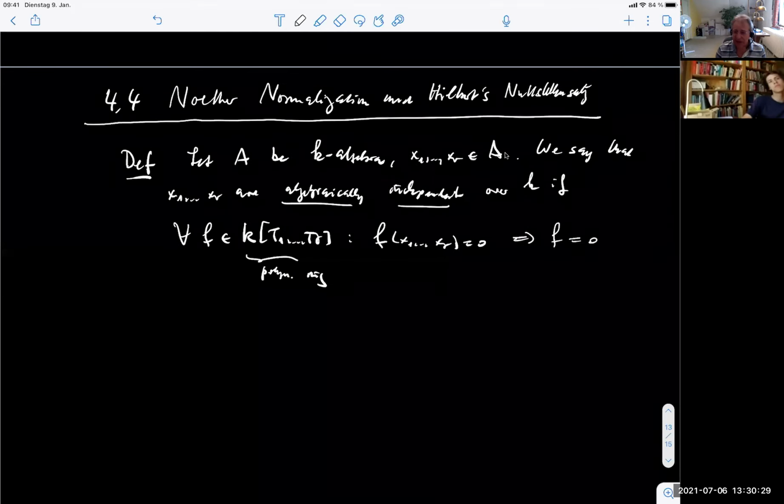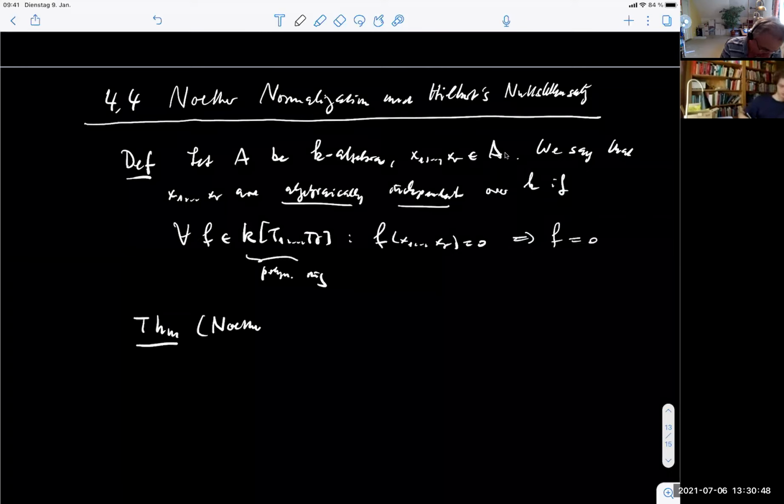Can I go a little bit further, because we started 5 minutes late and I had my problem finding my pencil. It's hopefully okay. So what is the Noether normalization lemma? I can state it right now. Theorem, Noether normalization.